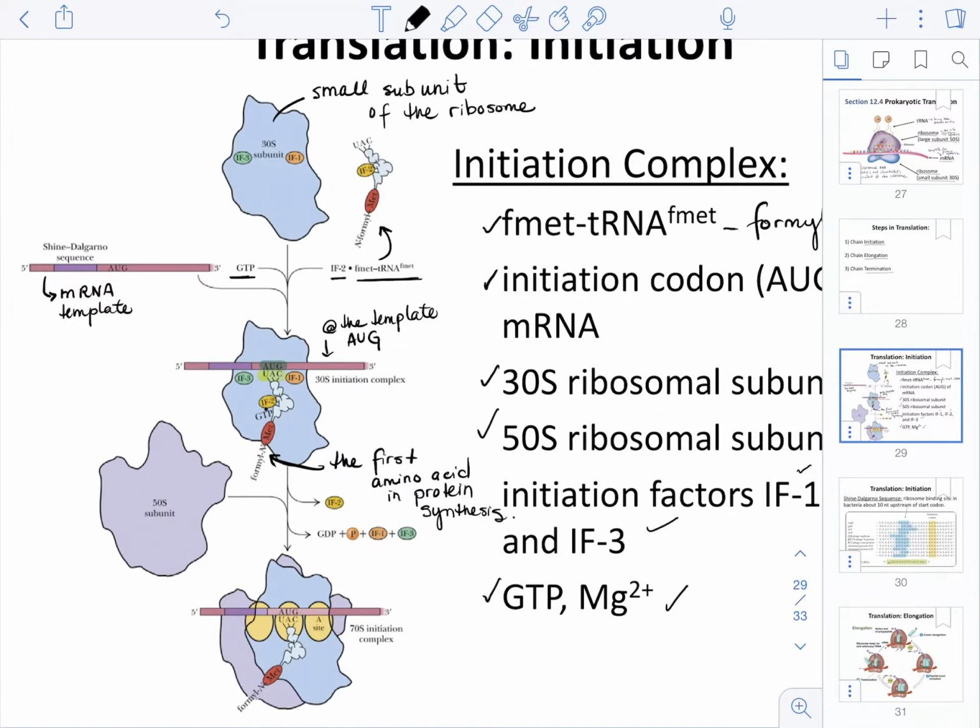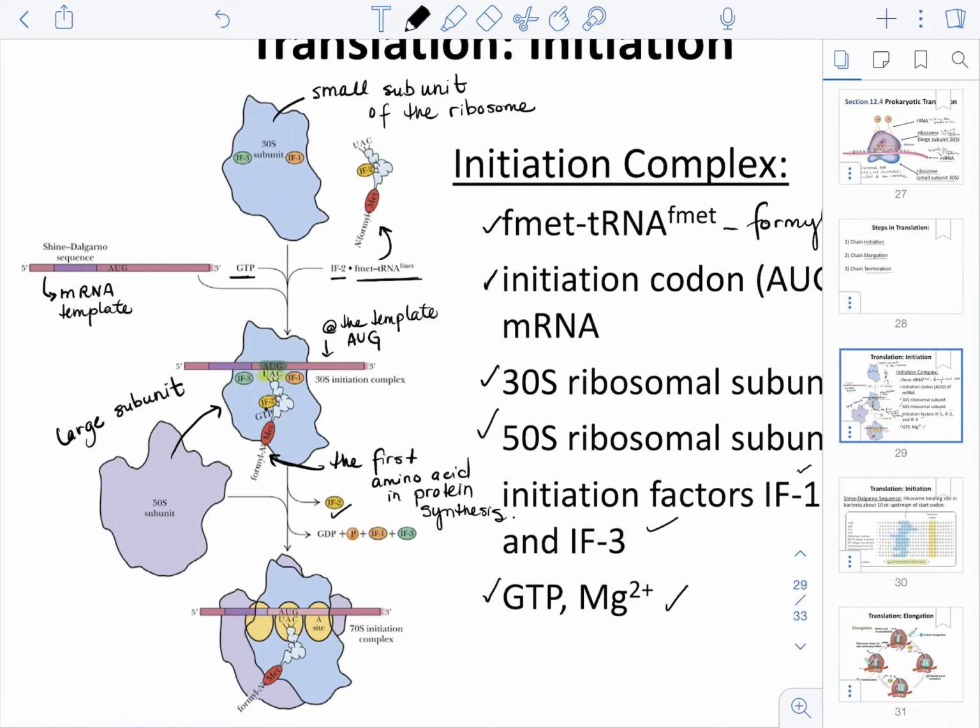Then, on the second step, we're going to have the initiation factor leave. We're going to have the large subunit bind where we have the small subunit, and we already have the N-formyl group identifying that start site.